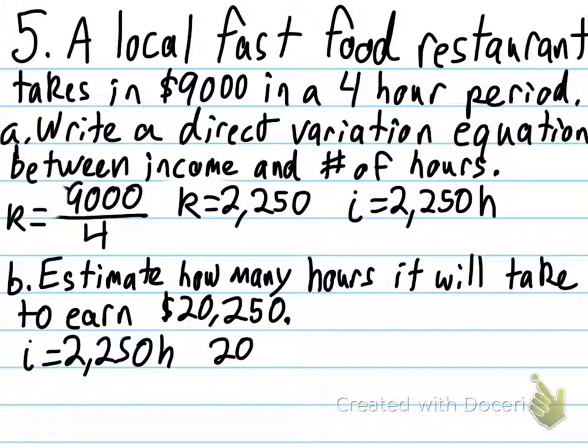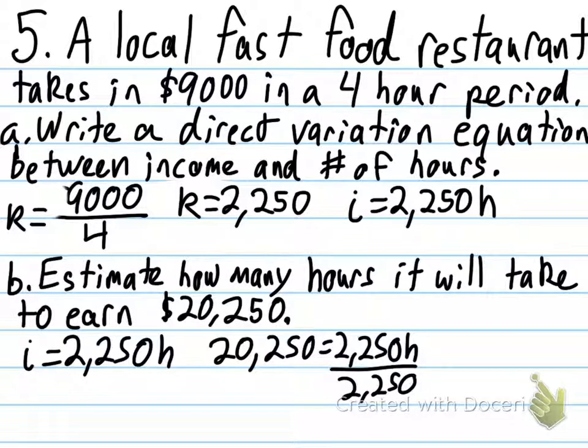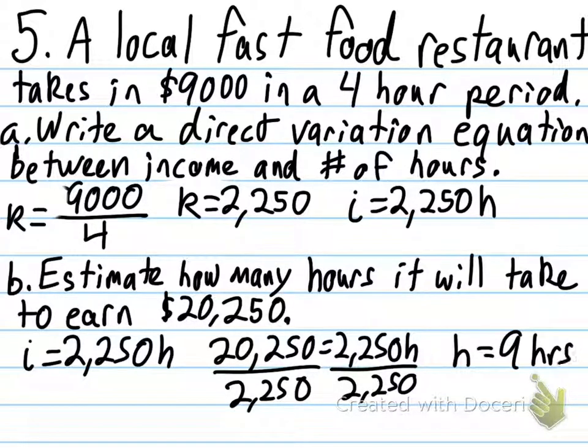So we're going to substitute that in for y equals 2,250H, and then we just solve for H. If we do that, we get that H equals 9 hours. And don't forget to put in the correct unit there. You know that H equals 9 hours.